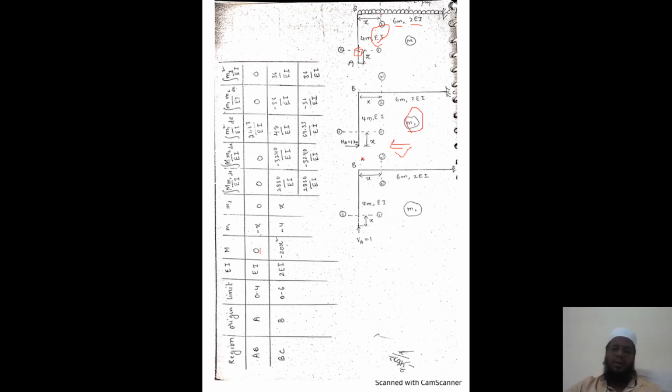The solution will still be correct. So my HA is going in the right direction, and we have taken 1 kilonewton.